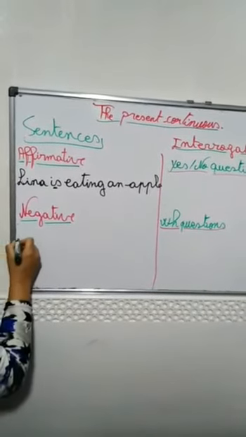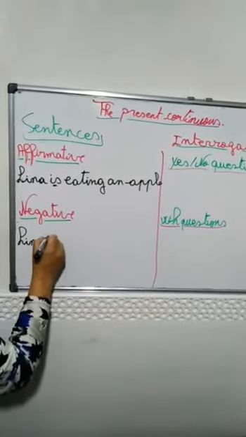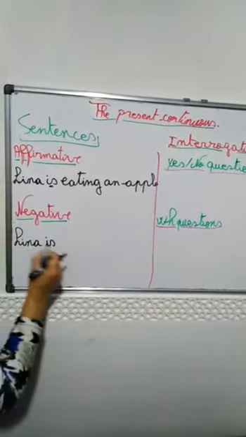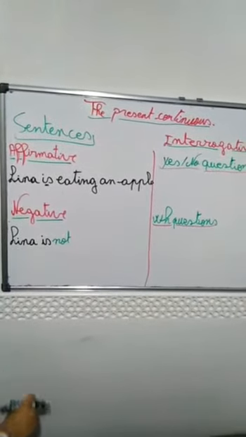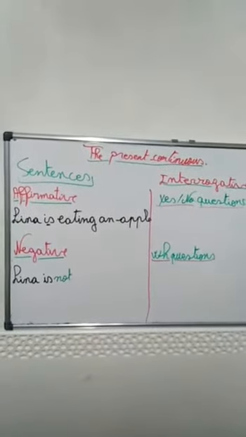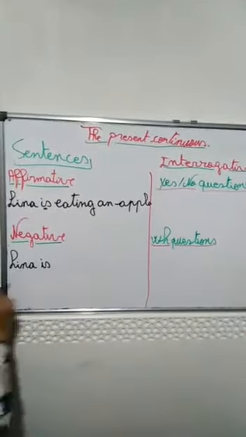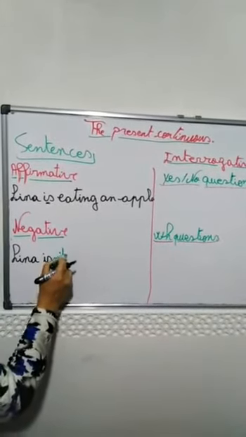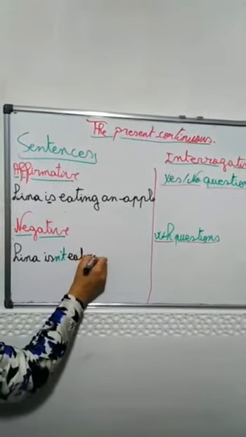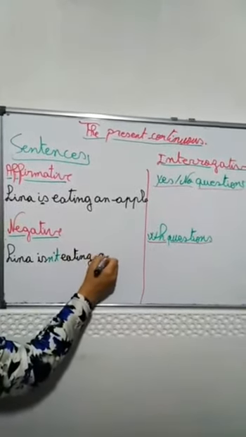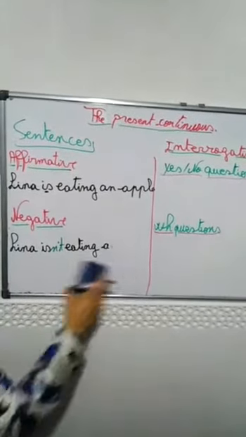Yes, very good. So Lina is not. Is not is a long form, okay? That's why we try to use the short form, that is isn't. Lina isn't eating an apple.